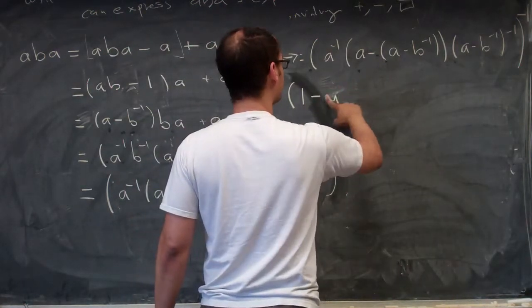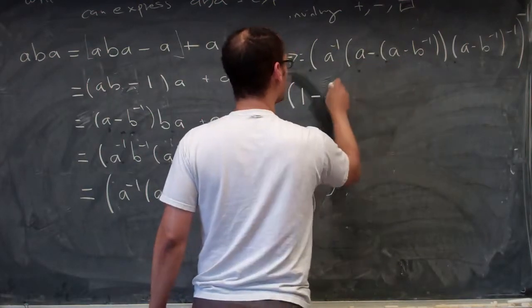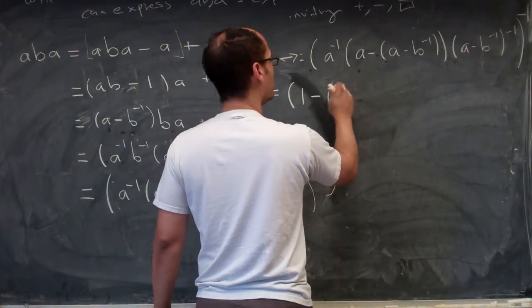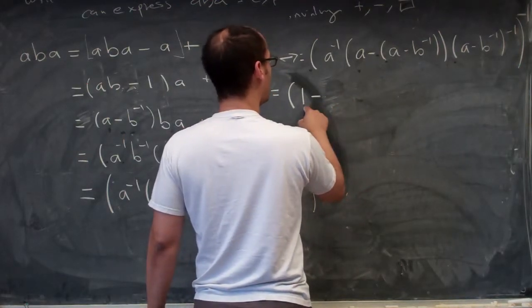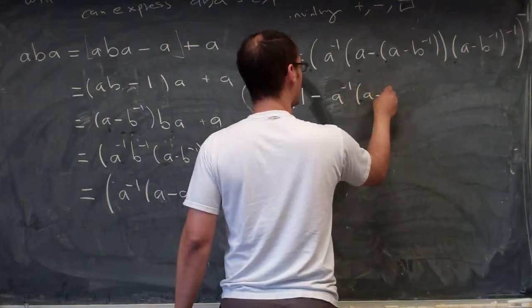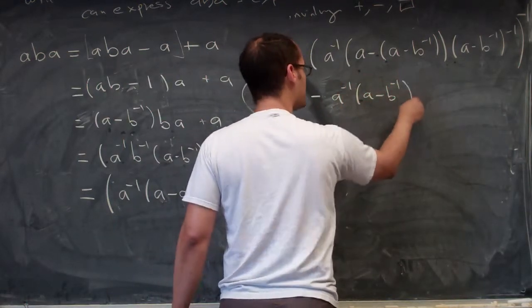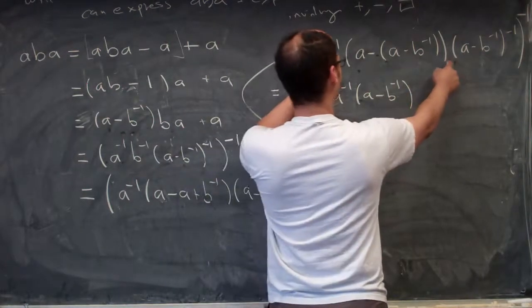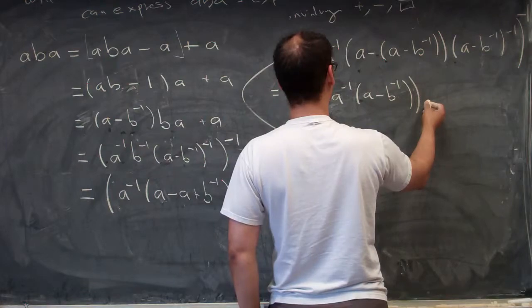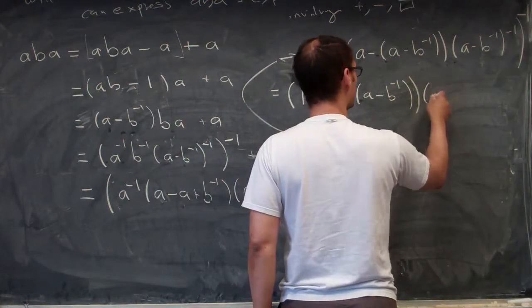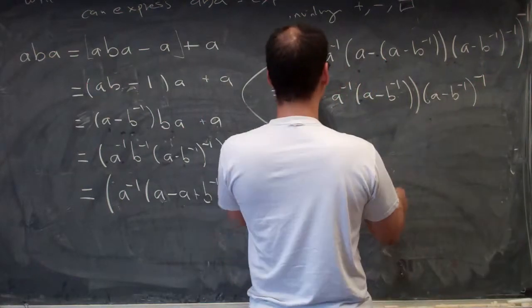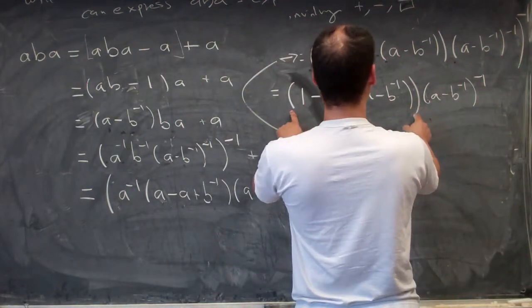A inverse times that is 1, let me just leave it on the outside. I get a 1 minus A inverse, A minus B inverse. So that is this much of the expression right here, times A minus B inverse.